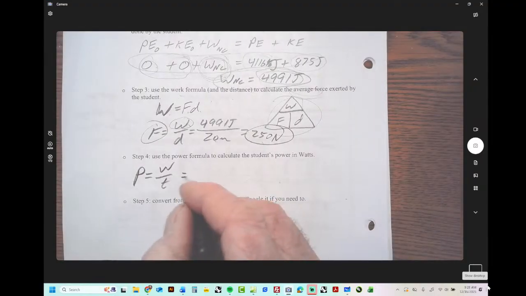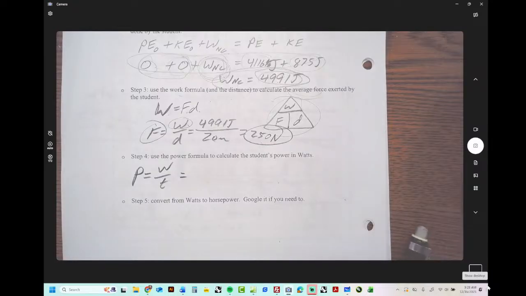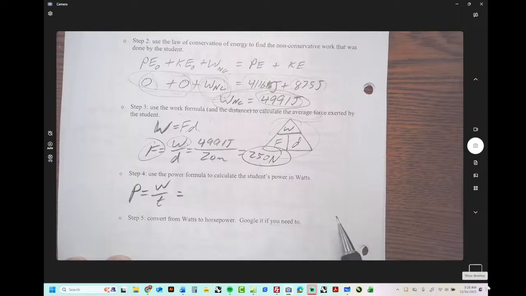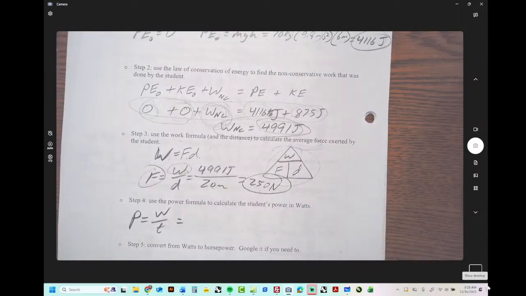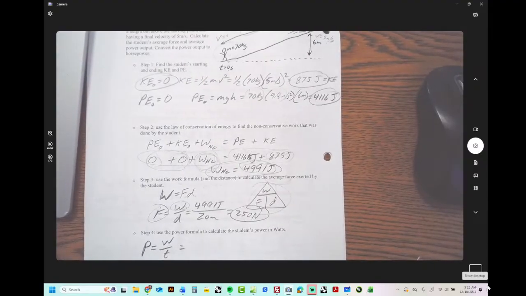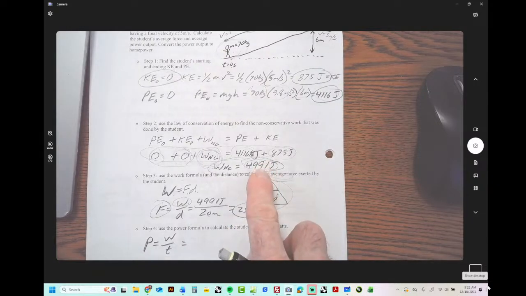And the amount of work, I want to see if people are paying attention, so I'm going to ask one of you how much work there was. Crow, how much work was there? Wait, 4,900. 4,991 joules.